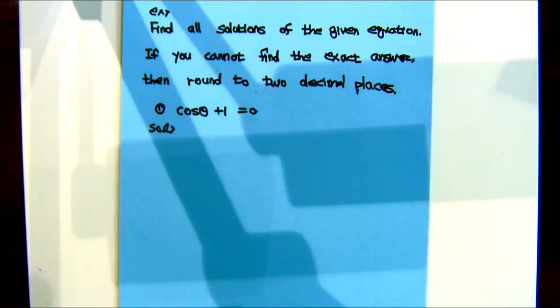When we had a polynomial equation of degree 1, we had only one solution. But this is about trigonometric equations. So even if the equation itself is degree 1, there are infinitely many angles which satisfy the given equation.